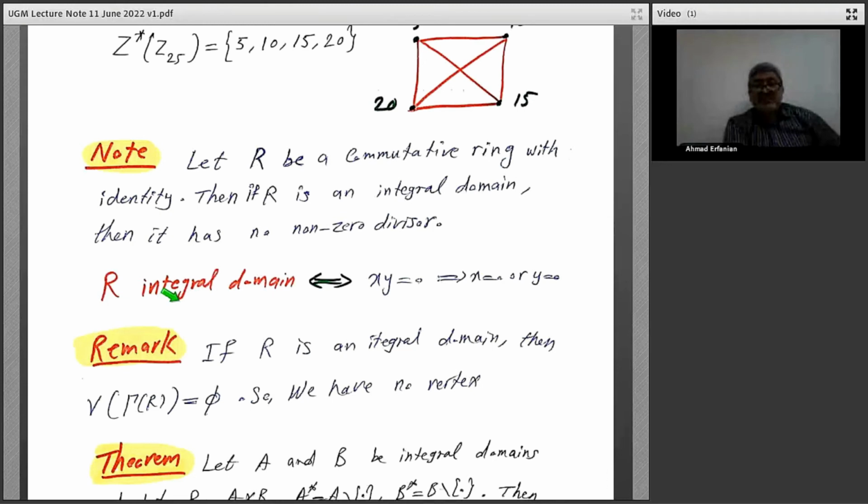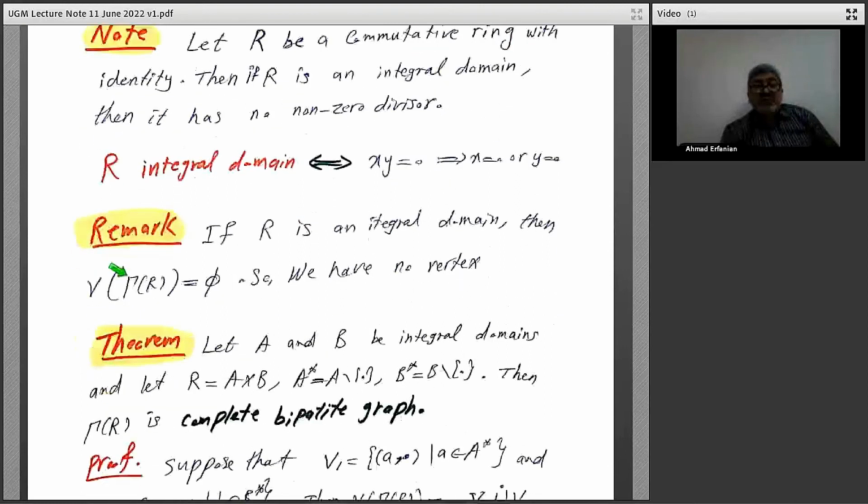We can say that R is an integral domain if xy equal to 0 implies that x is 0 or y is 0. So it means that the ring R is an integral domain if it has no zero divisor element.